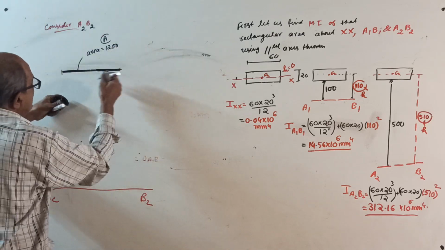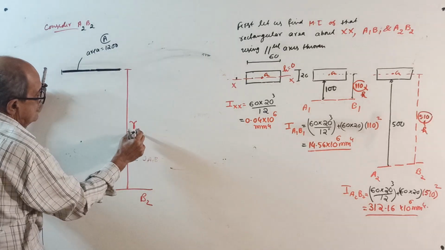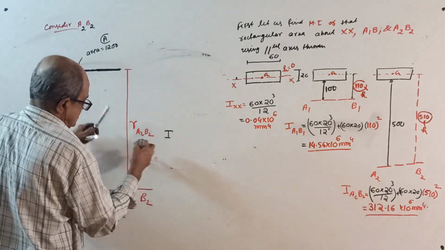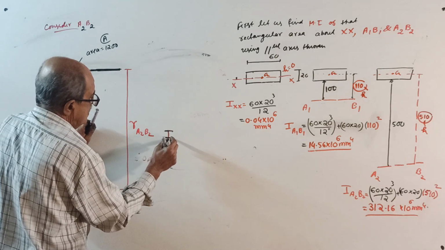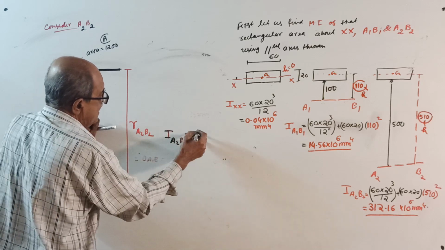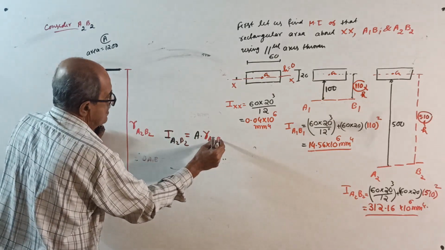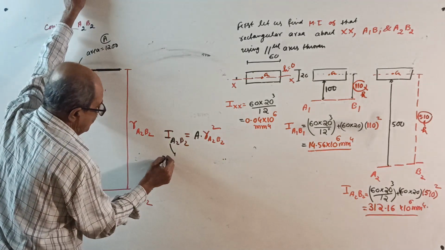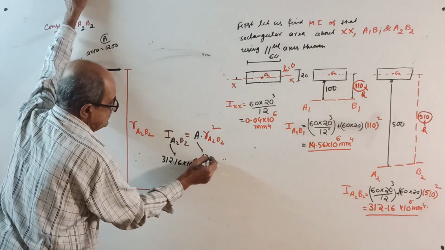So this is your R about A2B2. Now I about A2B2 for the original equals area into R about A2B2 square. I about A2B2 is 312.16 times 10 to the power 6, and area is 1200.